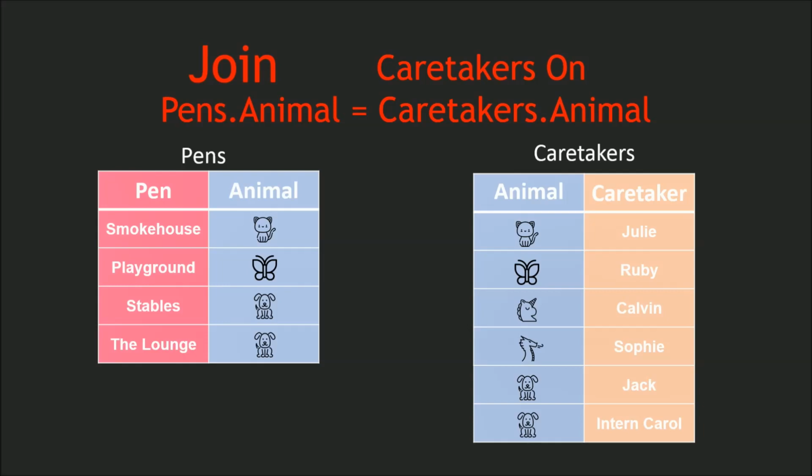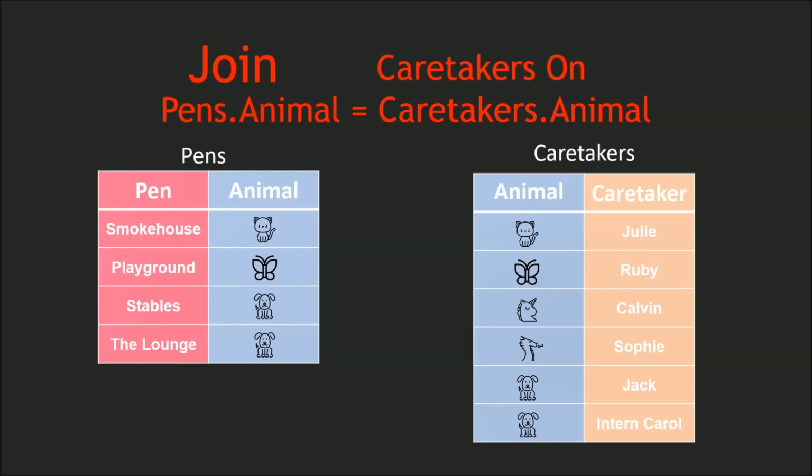So everything gets more tricky when you talk about duplicates in two different tables. So now in this scenario, we have two different pens with puppies in them, as well as the two different caretakers taking care of the puppies. So if we were to do a join and join the tables as they are, you might be tempted to put Jack's puppy match against the stable's puppy match and intern Carol's against the lounge.